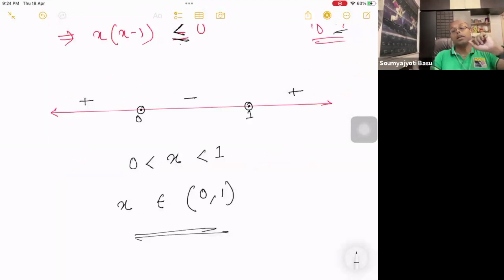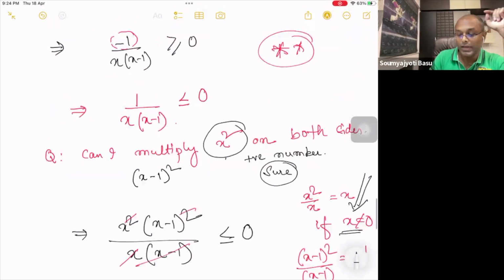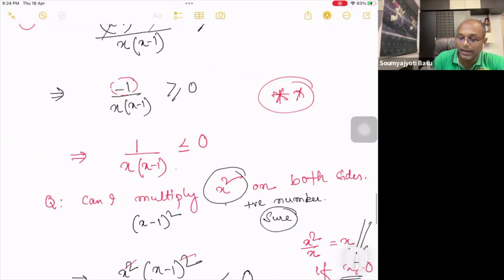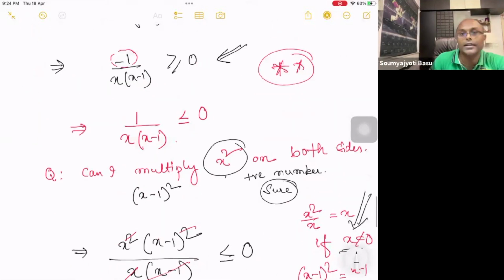This is actually a very, very important problem where a number of concepts have been discussed. Number one, you cannot cross multiply if it is a variable. Don't cross multiply. Next, I had changed the sign by removing the minus 1.